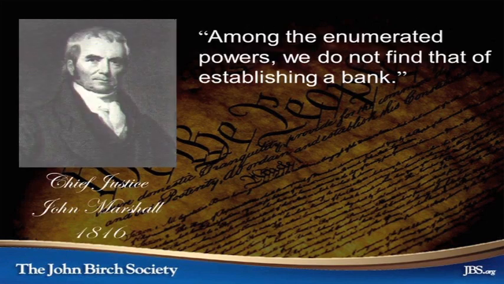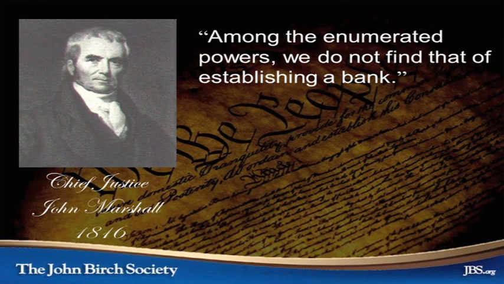We're clearly off course. Now, Chief Justice John Marshall is often looked at as this great conservative Chief Justice. He really wasn't. He did get a few things right once in a while, but he also did many things that were damaging to a proper interpretation of the Constitution. But here to start off with, he says, among the enumerated powers, we do not find that of establishing a bank, a central national banking system.